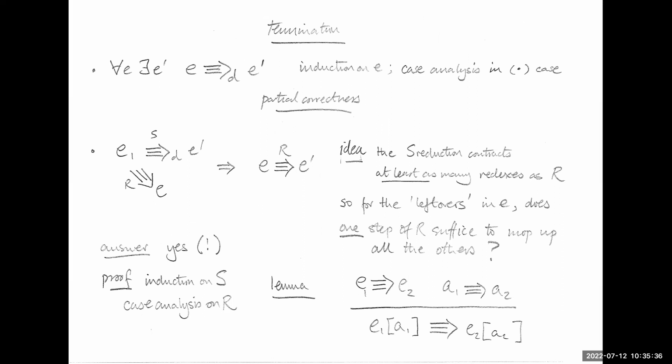This is one step of superparallel reduction, and this is one step of superparallel reduction. And superparallel reduction can do enough work that E1 with A1 can get all the way to E2 with A2 in one step of superparallel reduction.